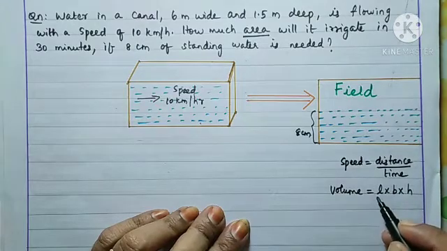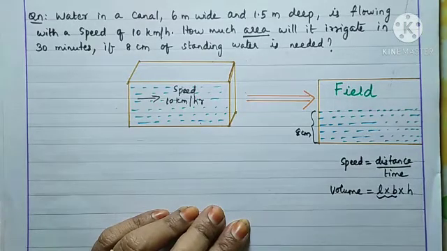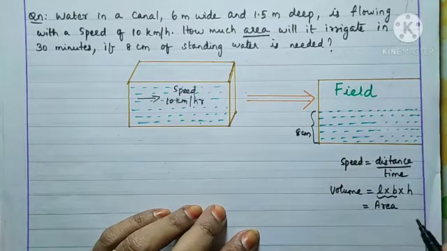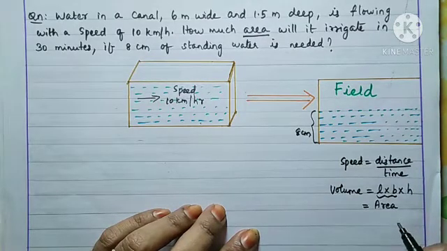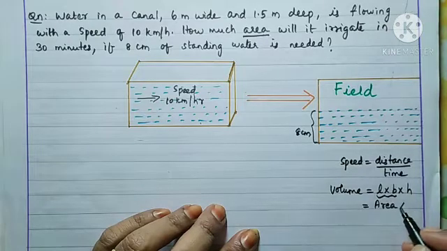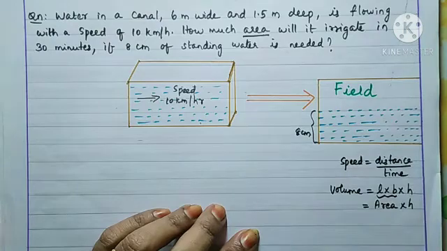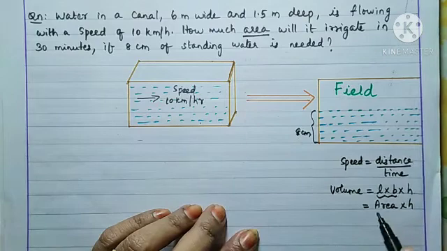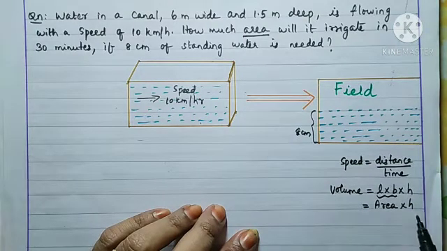And if I take L into B together, the product of length and breadth, it becomes the area of the base. For a cuboid, what is the base? Rectangle. So L into B is the area of the base, into height. Understand? In this problem we are using the concept: volume is equal to area into height, so that we will get the area.